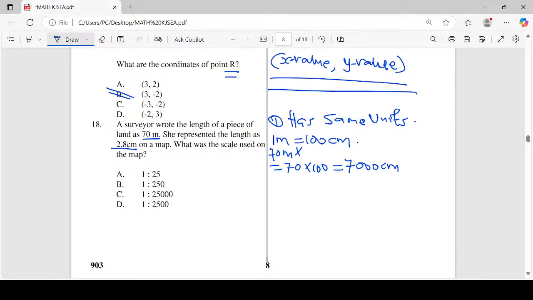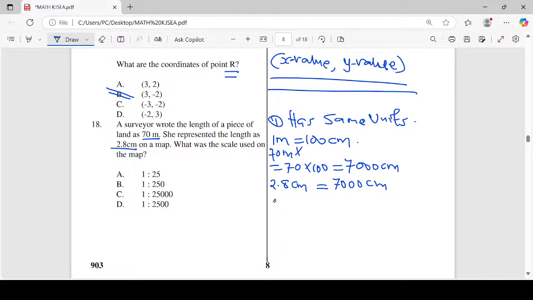Then you know that she represented the length as 2.8 centimeters on a map, which represented 7,000 centimeters on a piece of ground.